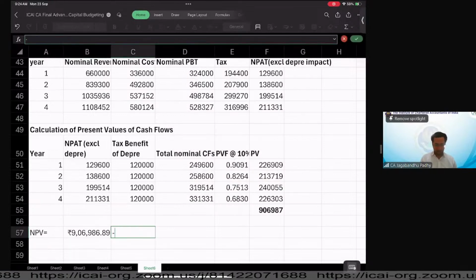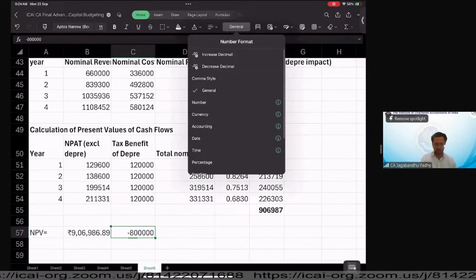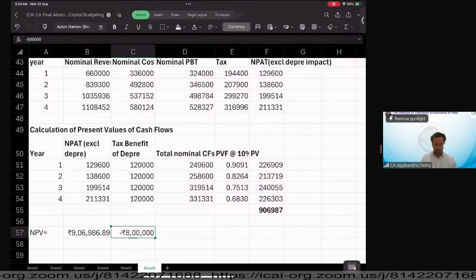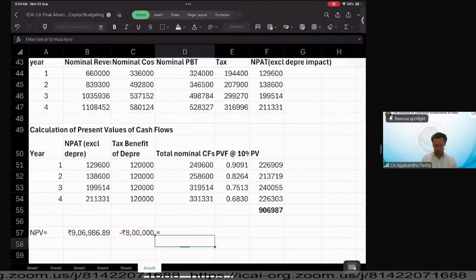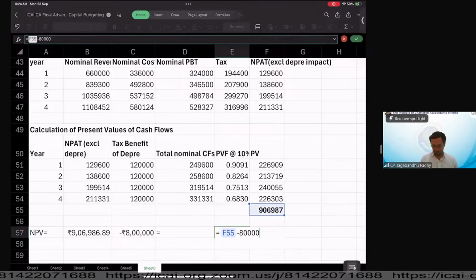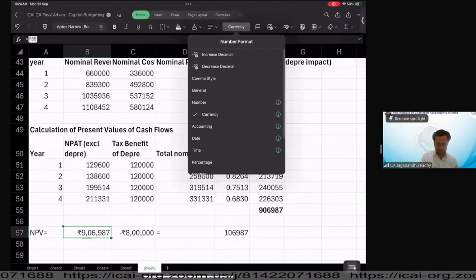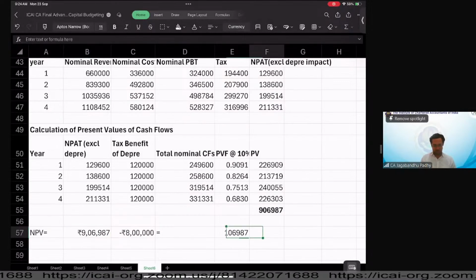Then we say minus 8 lakh. And then finally, we get the NPV answer as 1,06,987. So NPV is positive.